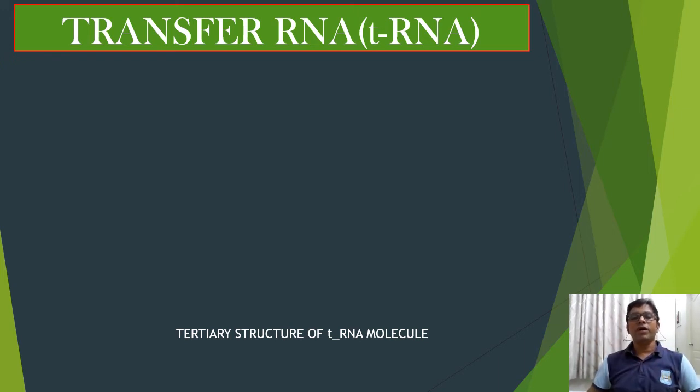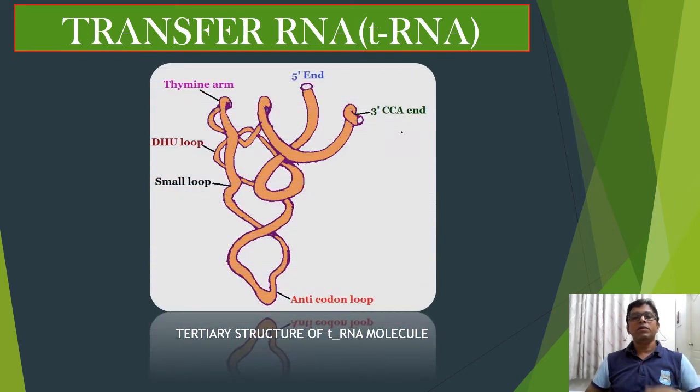In this L-shaped tertiary structure, the DHU and anticodon arms are arranged together. Here you can see this is the DHU arm and anticodon loop.